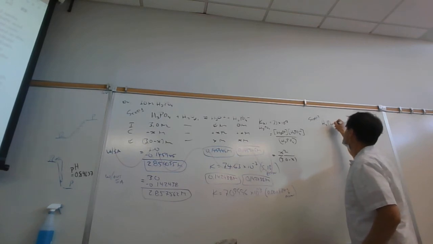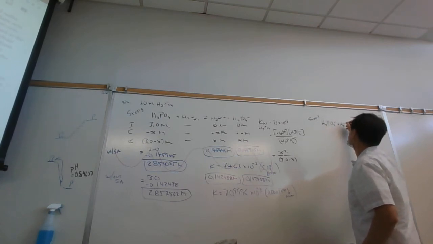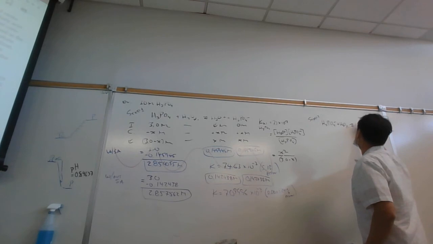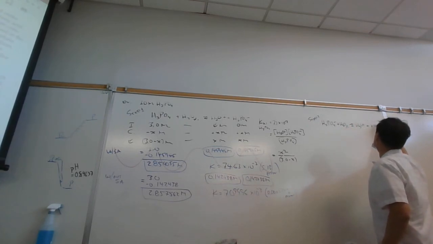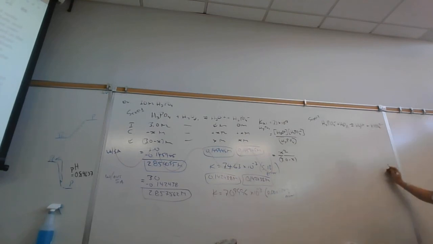So this is going to be H2PO4 minus plus H2O liquid. It's going to give us hydronium plus HPO4 2 minus. This is Ka2 for phosphoric acid, which is equal to Ka for dihydrogen phosphate, which is equal to 6.3 times 10 to the minus 8.